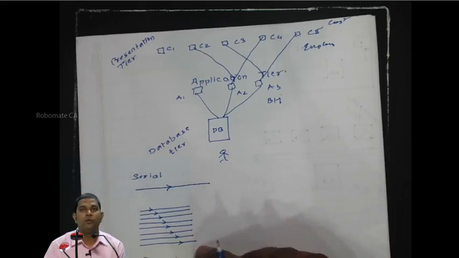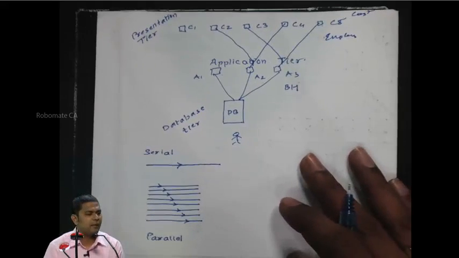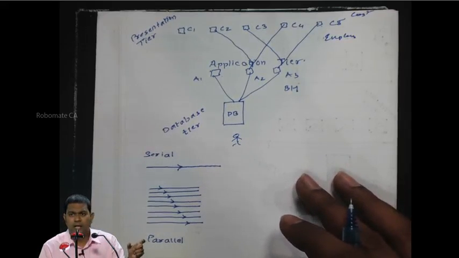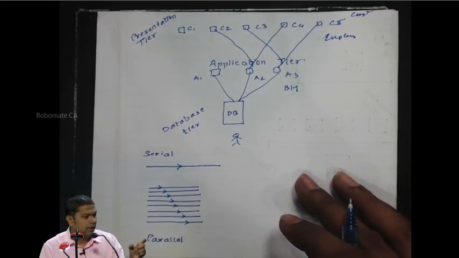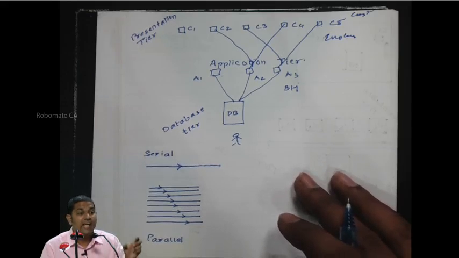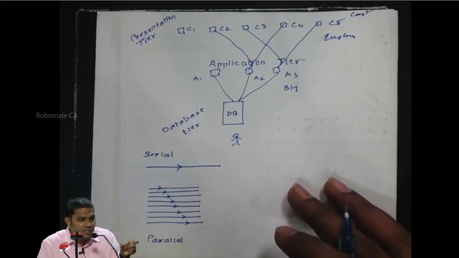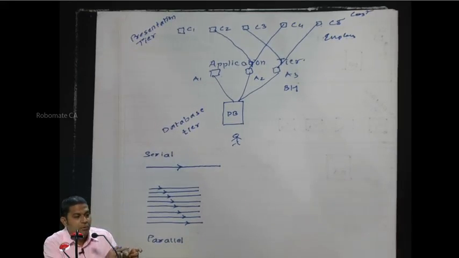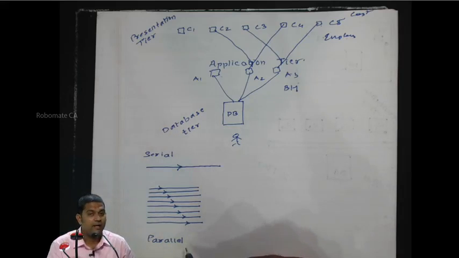This is normally used when you are transferring data to the printer, and you can see it very well that the wire which is carrying data, the data cable, is this big, the width is very big. So it is able to transmit 8 bits at a time. That is called parallel.